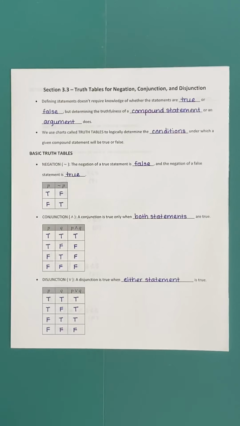What we're then going to focus on is how have we structured our compound statement? Based on how the compound statement is structured, well, what would result from the two original statements being true? What would result from the two original statements being false? We're focusing on the structure. Does the structure of the compound statement lead to something that's true? Does the structure of the compound statement lead to something that's false?